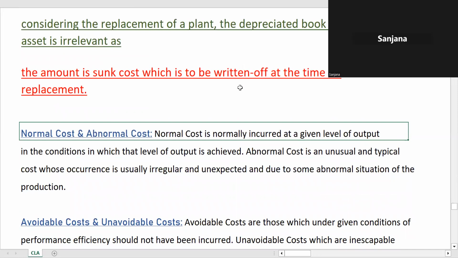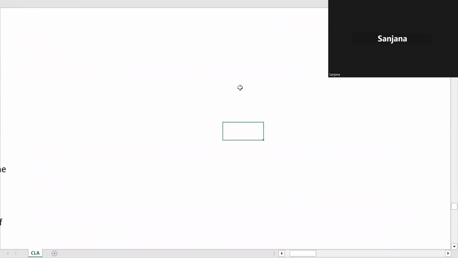A normal and abnormal cost you would already know, right? Normal cost is basically something which is not of an abnormal nature. For example, say you are manufacturing oil, oil refining, and normally the annual cost will be 1 lakh.